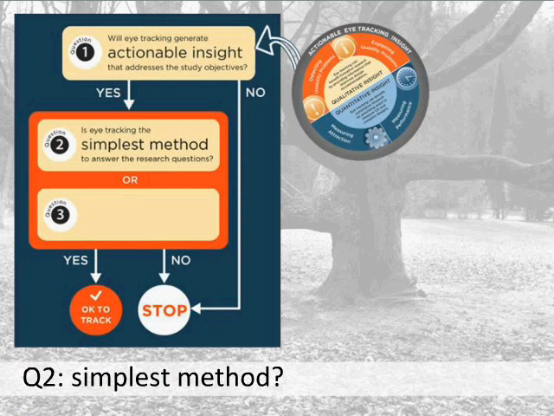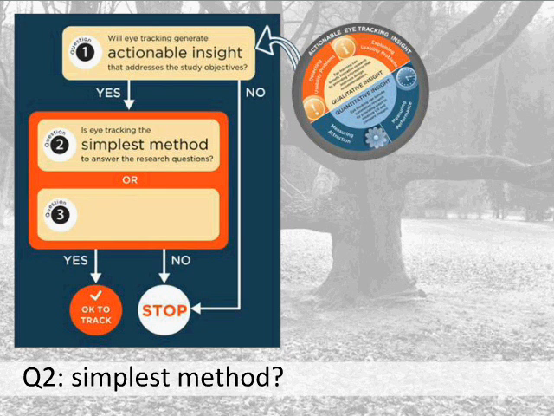So we're back to our tree and the 3 questions. If the answer to the first question in the decision tree is yes, and you know that from looking at the circle, and a lot of times it is a yes, it can provide us with some actionable insight. There are studies, obviously, where eye tracking just might not be completely useful.